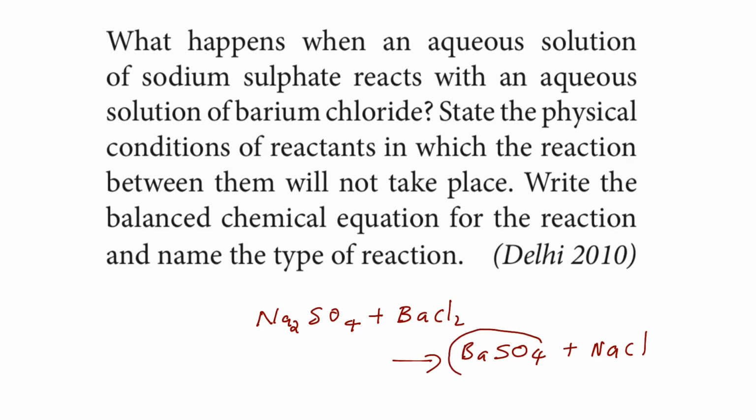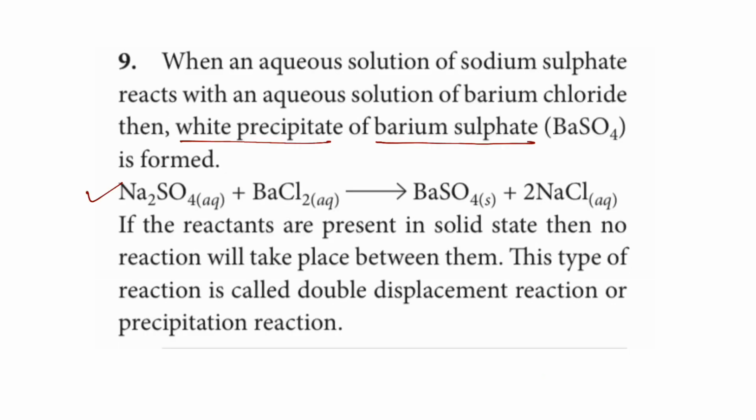Remember, barium sulphate is a white precipitate, that you know, right? If BaSO4 is present, then you can simply say it is a precipitation reaction or a double displacement reaction. Exchanging of partners is taking place. So double displacement, precipitate is formed, so precipitation reaction. Got it, right? So this is the answer.